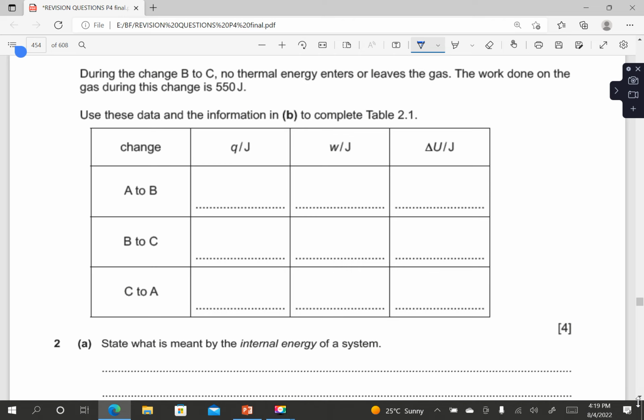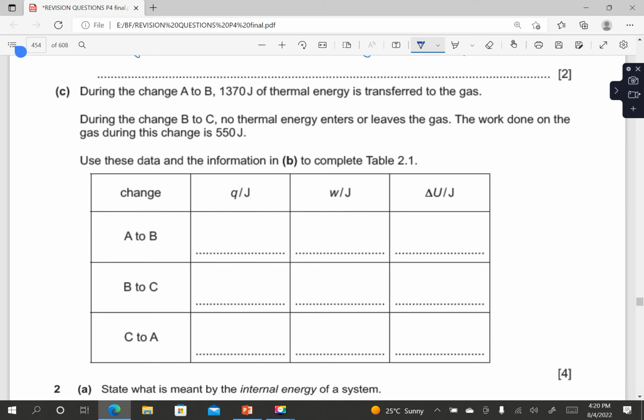Okay, so during the change A to B, 1370 joules of thermal energy is transferred to the gas. So A to B, we look for Q. We add there a positive. So A to B, Q must be positive 1370 joules.